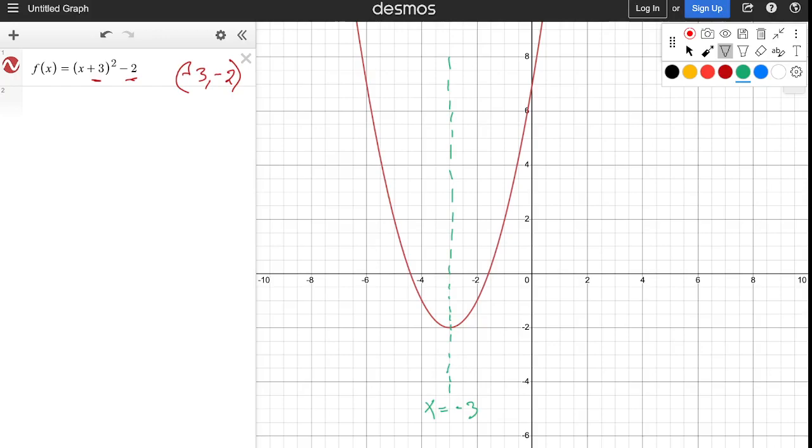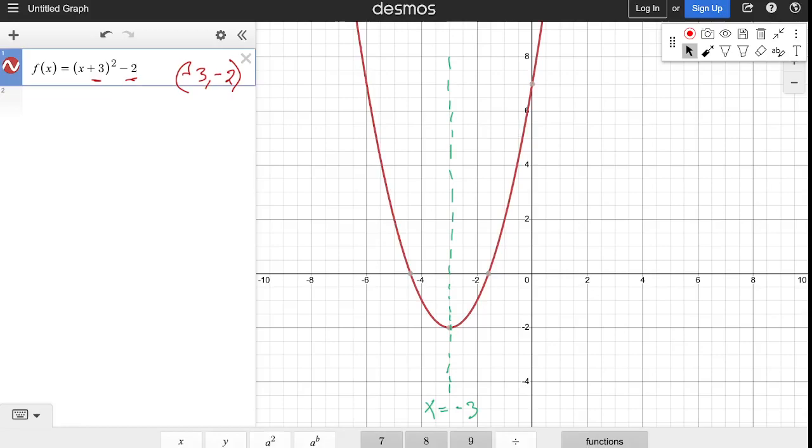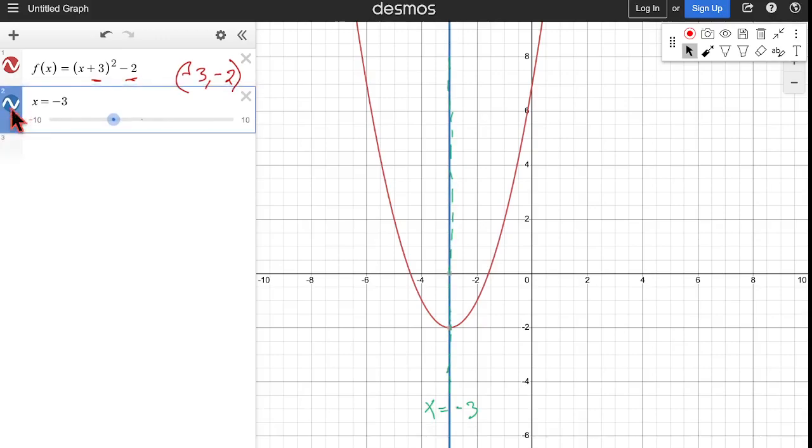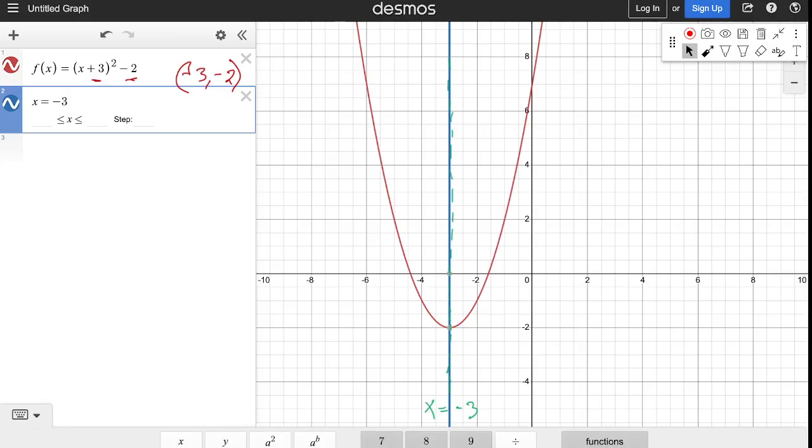The other thing is you could have Desmos draw it. That's the vertical line x equals negative 3. And we see that if we hold down on this, no, it's not going to work for me. Negative 3. You could also change it to a dashed line and so forth. Okay, so we've got an axis of symmetry there.